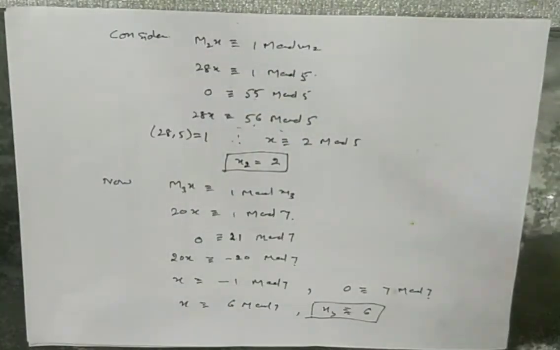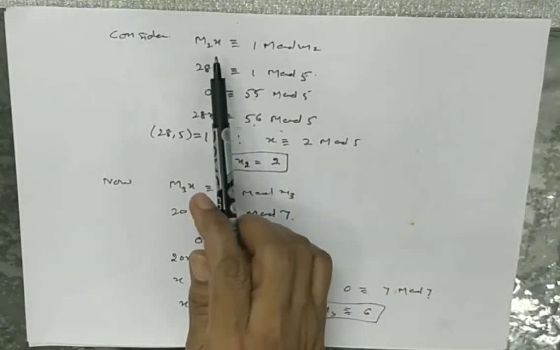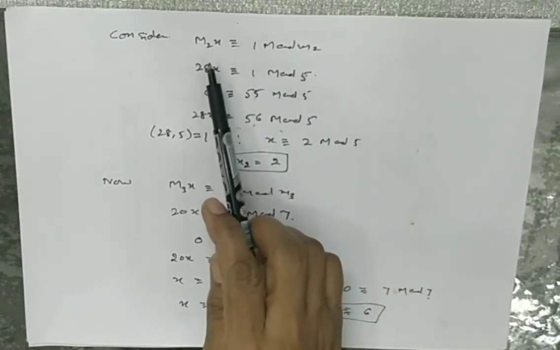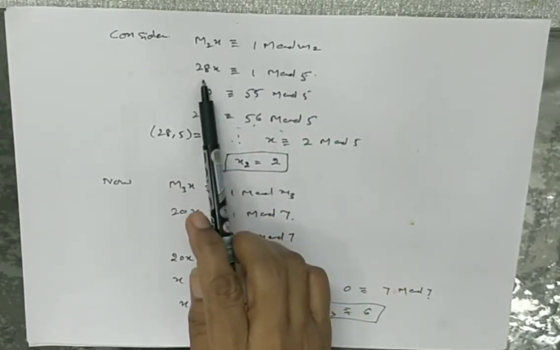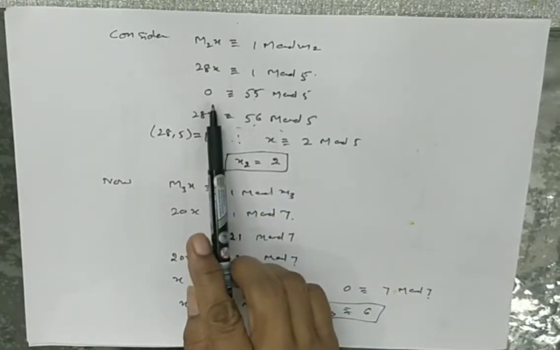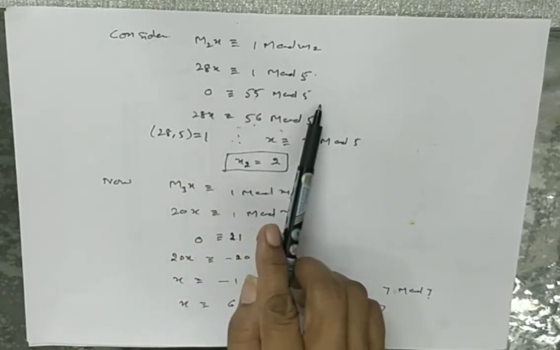Now to find the solution of the next congruence, consider M2 x is congruent to 1 modulo m2. Since M2 is 28, we get 28x is congruent to 1 modulo 5, or 0 is congruent to 55 modulo 5.